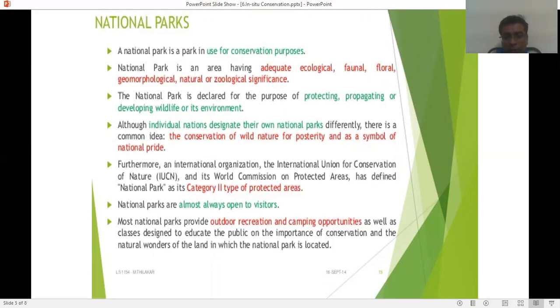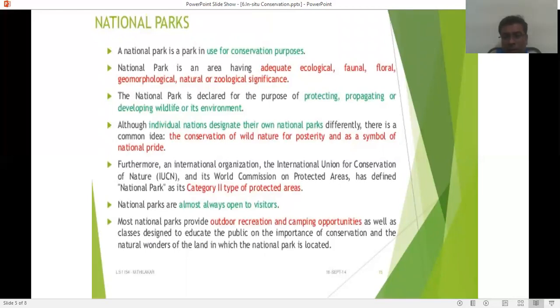Although individual nations designate their own national parks differently, this is a common idea: the conservation of wildlife and nature as a symbol of national pride. National parks are almost always open to visitors.